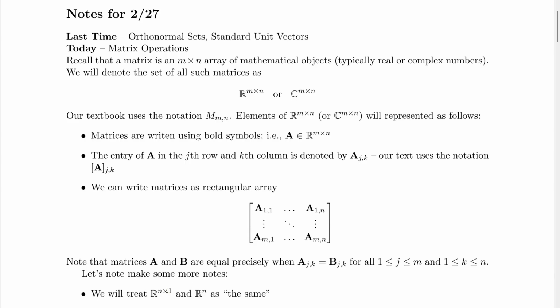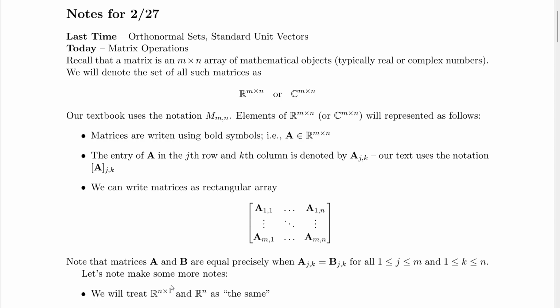So a matrix with one column is really like an element of Rn, so I'll treat them as the same. R^(1 by n) can also be viewed the same, but there's sometimes an advantage to think of that as a different thing, to differentiate between a row vector and a column vector. There are occasional equations that require you to have the two, but we're not going to get too sweaty about that.